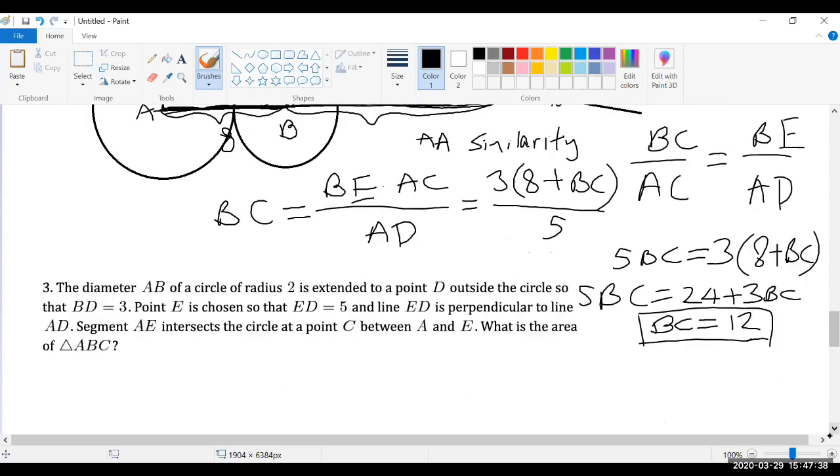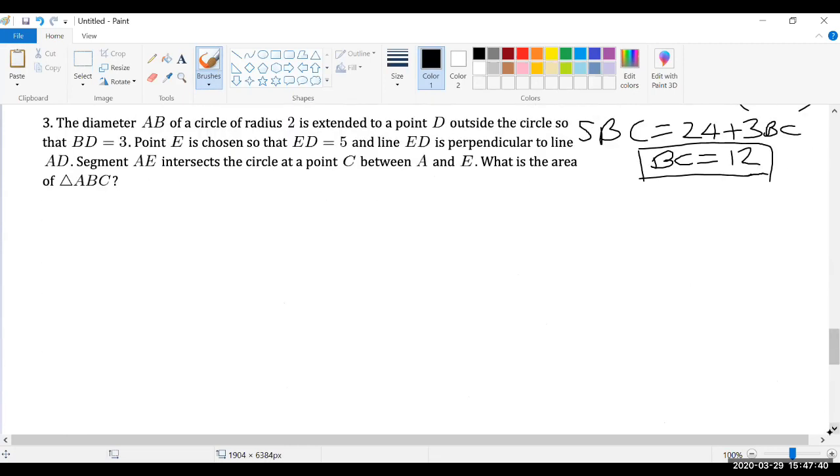All right, down here, number 3, we have a situation with a circle and segments and triangles, so I'll let you read that and then we'll go over it later.